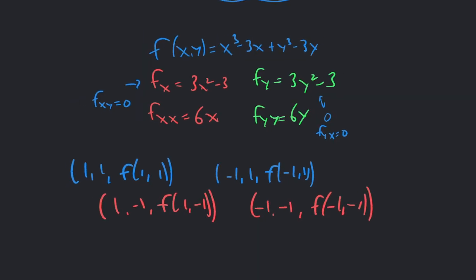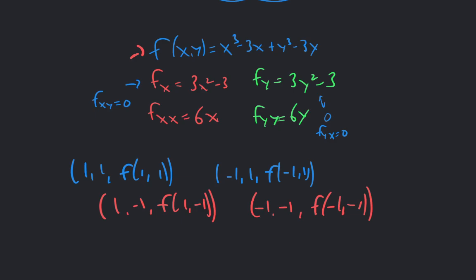The only reason I'm including this last term is because this is going to have its own point. So, for example, we can compute what f of 1, 1 and all of that is.